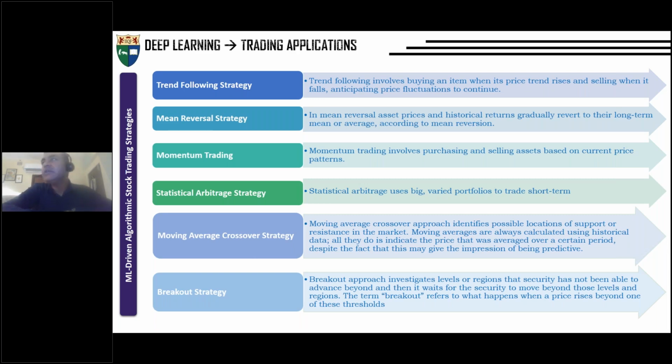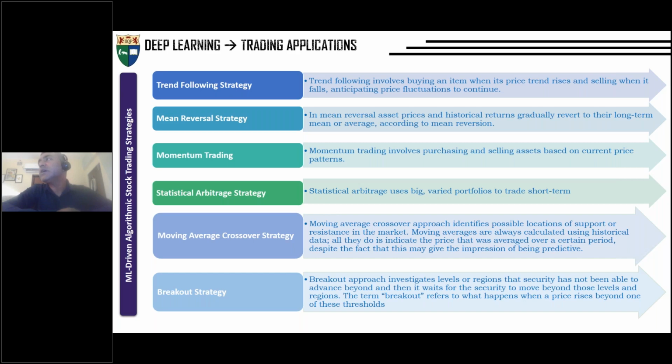Mean reversal strategy: many asset classes follow mean reversal. So it means that no matter how up they are, how down they are, in the long run they are going to revert to their mean, long run averages. So here, we follow a different contrarian strategy than the trend following strategy.